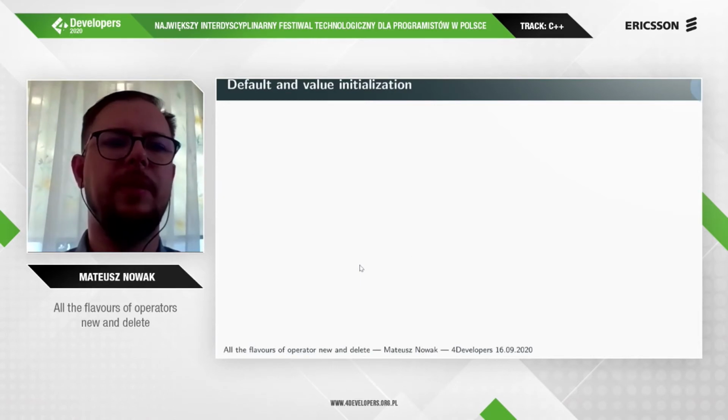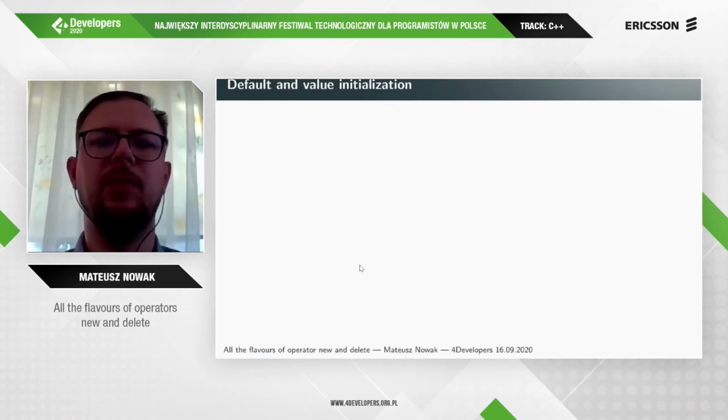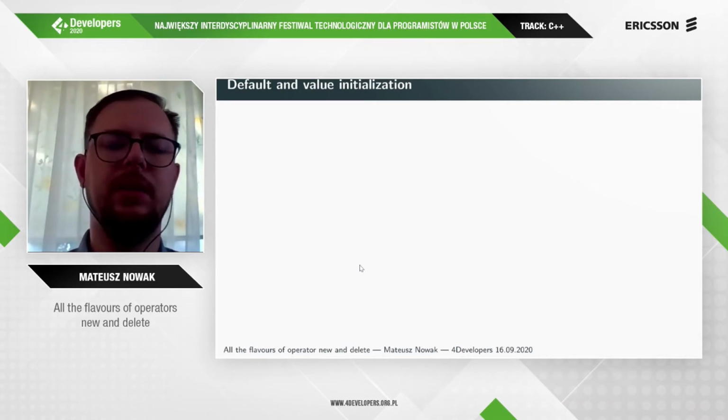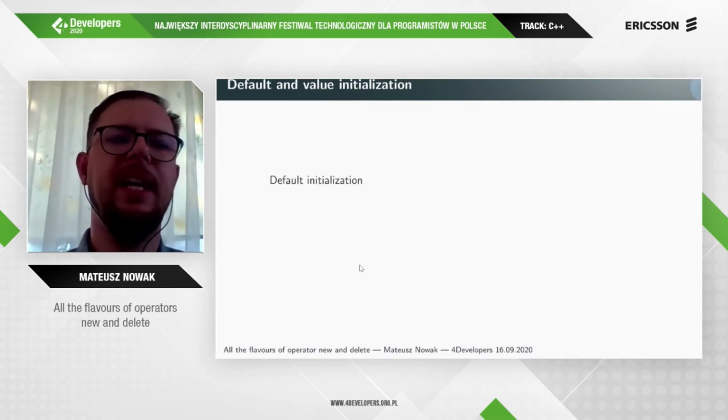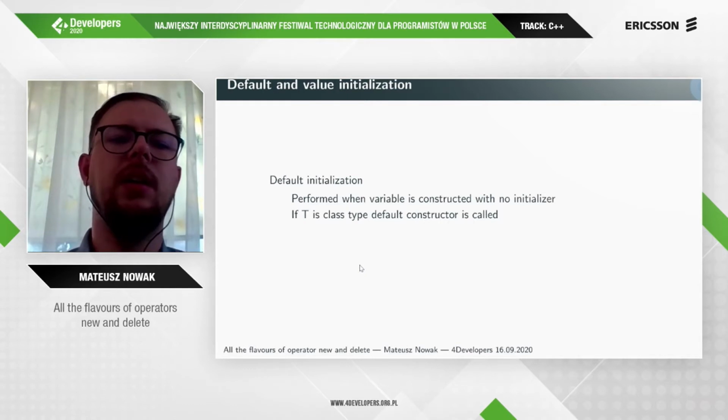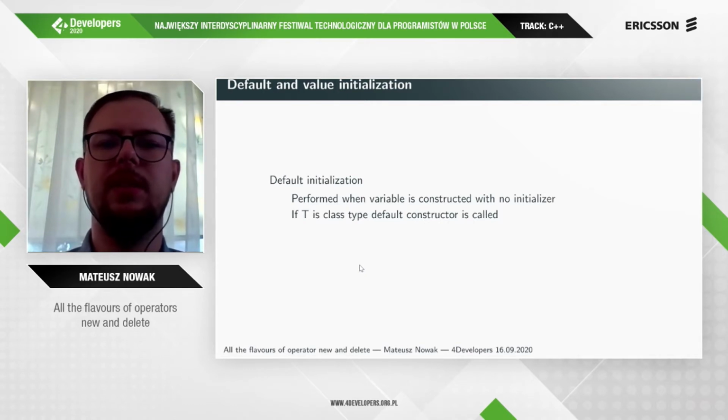Okay, moving forward. We have to mention here default and value initialization. I was talking a little bit about this when mentioning the array and non-array versions of operator new, or of the new statement. So what is default initialization? It is happening when a variable is constructed with no initializer. If T is a class type with a default constructor, this constructor is called.